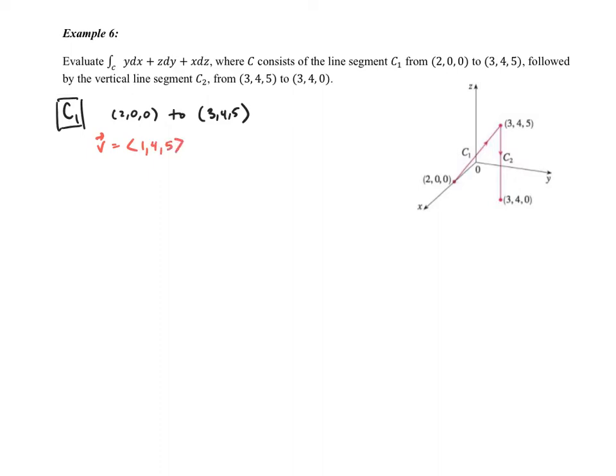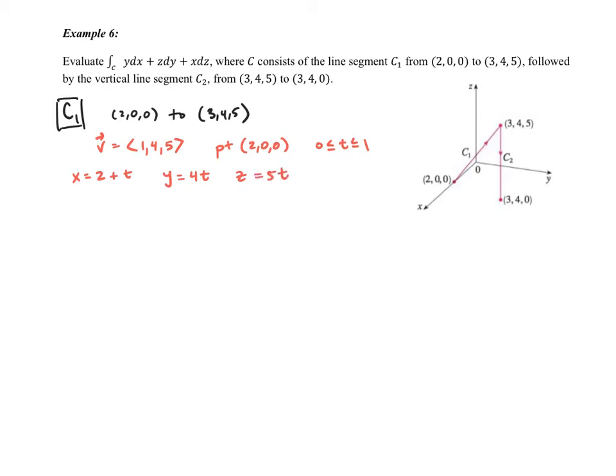So we get the vector (1, 4, 5), and then we're going to choose the point (2, 0, 0) to be our starting point. That way, t is going to be between 0 and 1, which forms the line segment. So for our equations, we have x equal to the x value, which is 2, plus 1 times t, and then y is going to be equal to 0 plus 4t, and z is 0 plus 5t.